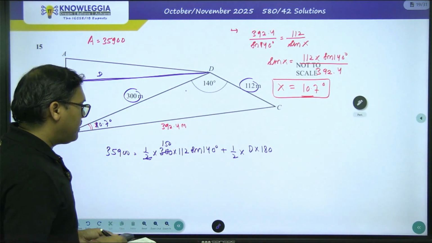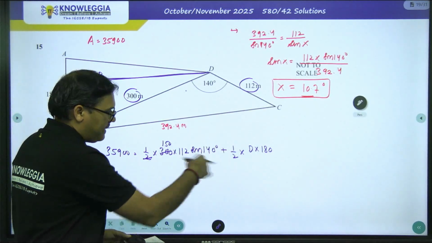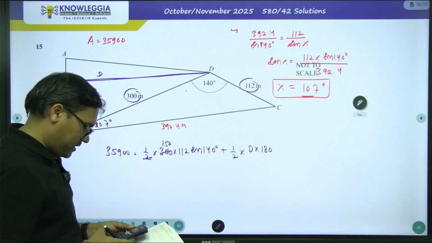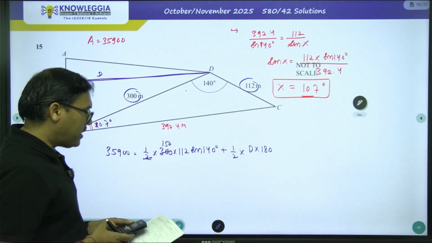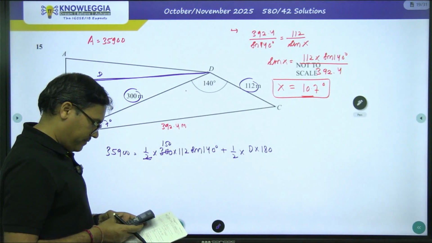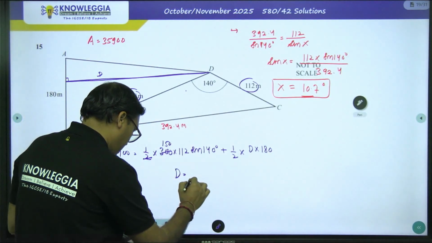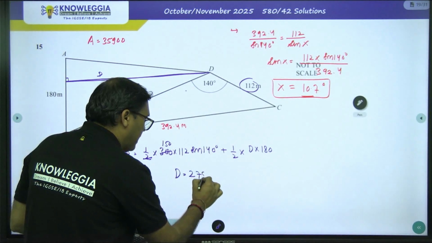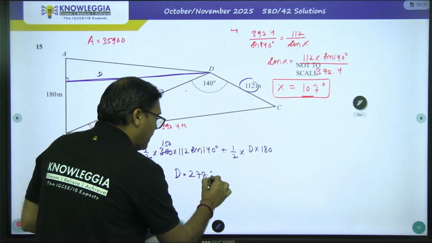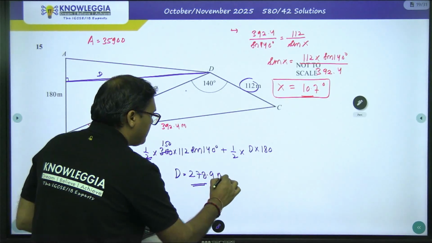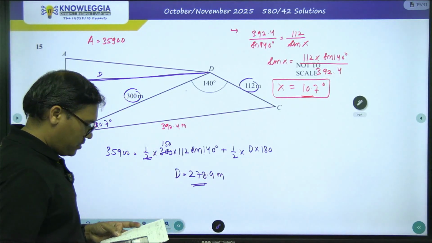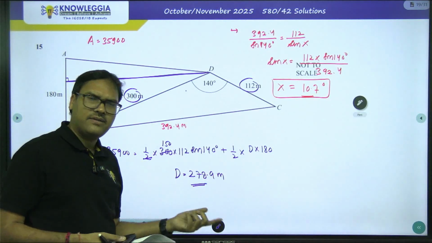This value, if I take this, subtract this, multiply by 2, and divide by 180. So what will be the D value? This will be equal to 278.9. That is the answer. So 279 or 278.9 is the correct answer.